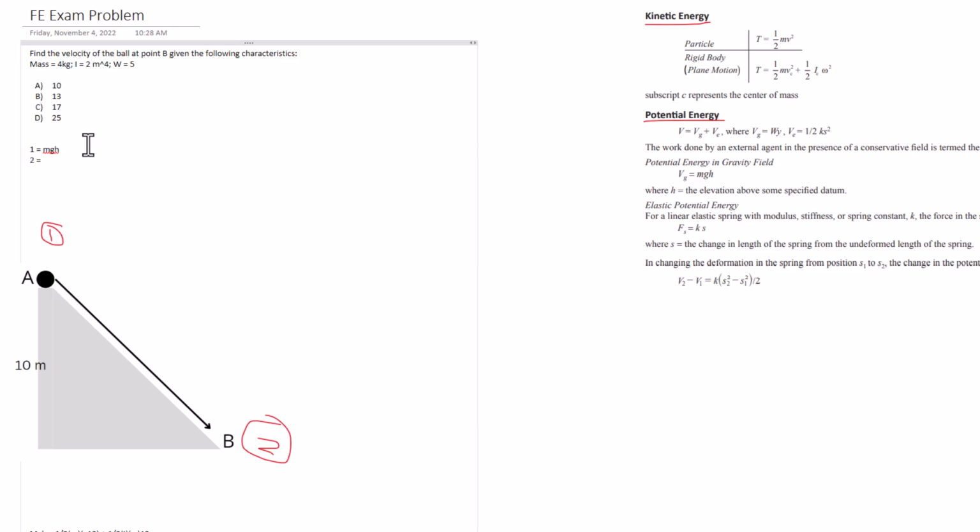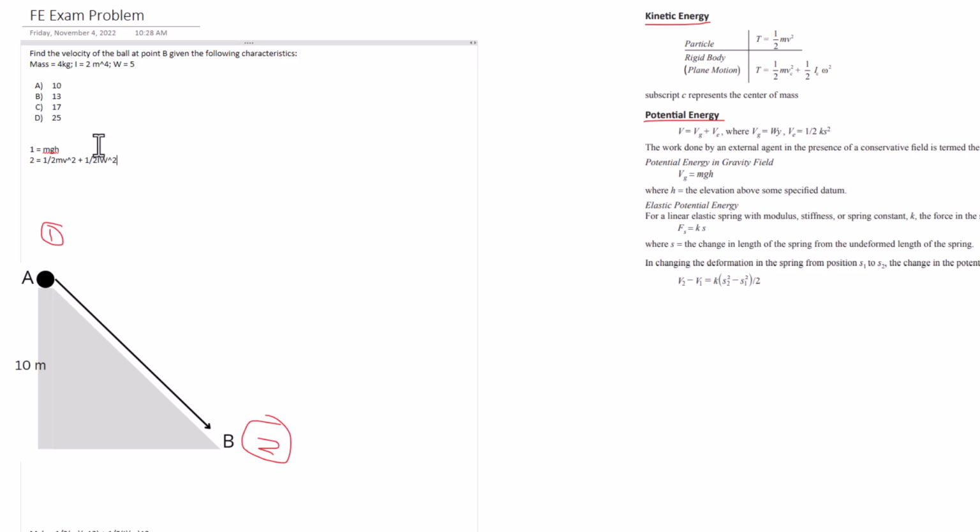Now at point 2, we're going to have a variety of things. We're not going to have mgh anymore because the height would be effectively 0 if we're picking the bottom of that ramp as our datum. So we are going to have 1/2 mass velocity squared, since the ball is moving. Also rotational energy, and that's going to equal 1/2 I times the rotational velocity, W squared.